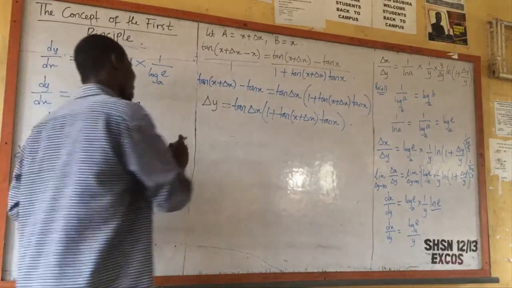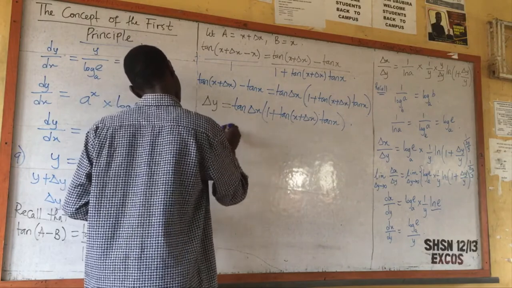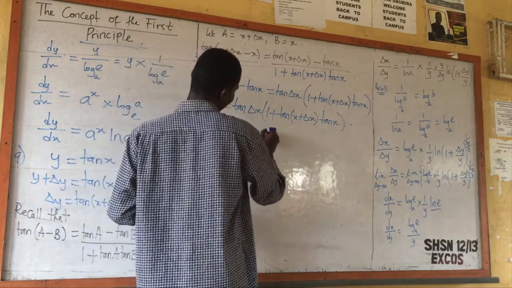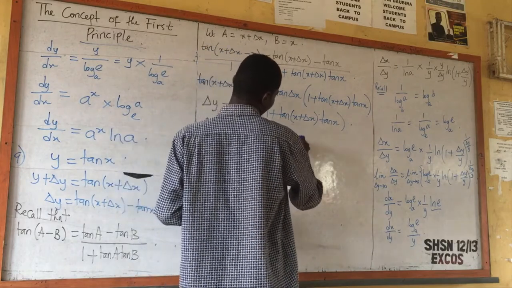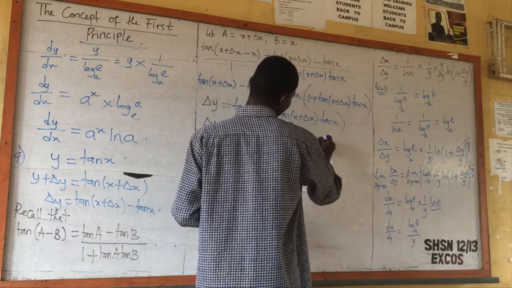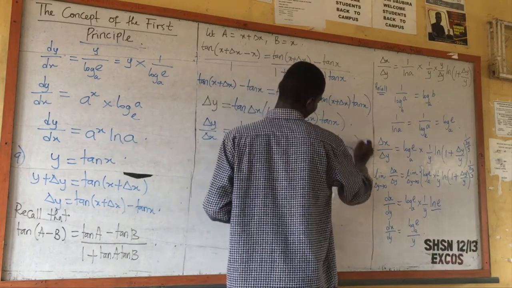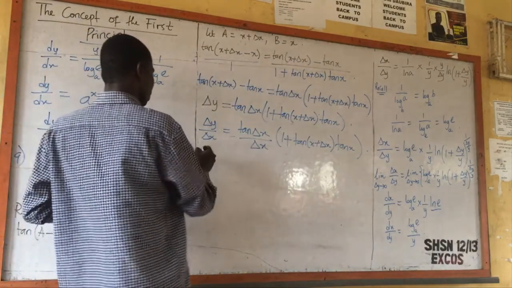Divide both sides by delta S. So I have delta Y divided by delta S. The same thing happens here as well: tan delta S. I'll just divide this by delta S here because of how the limit is going to look.